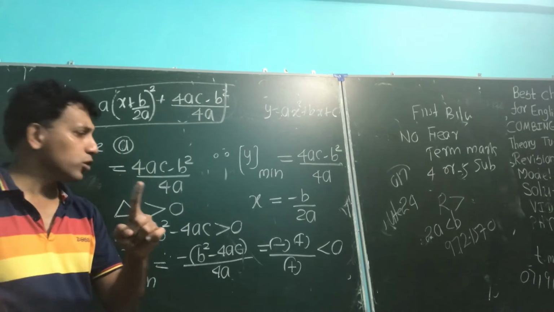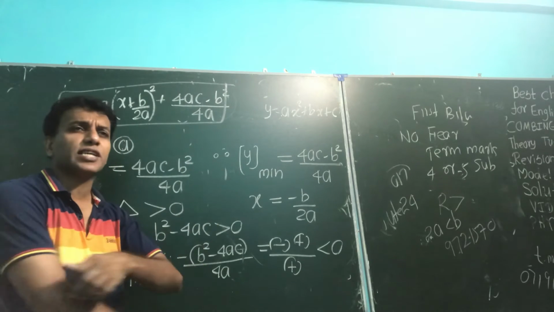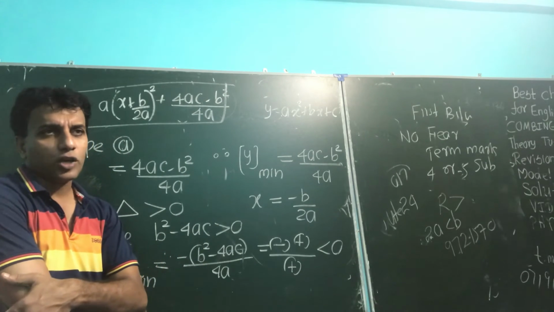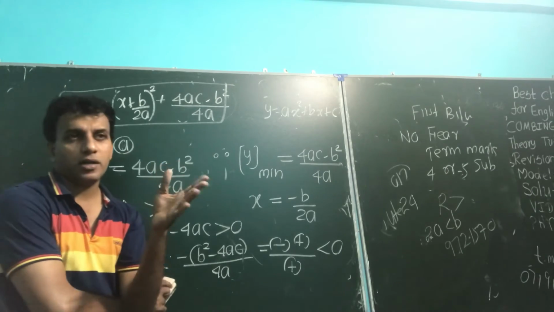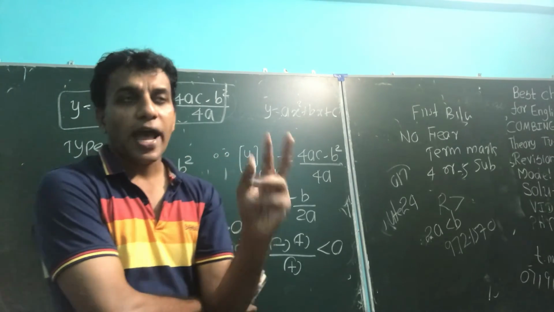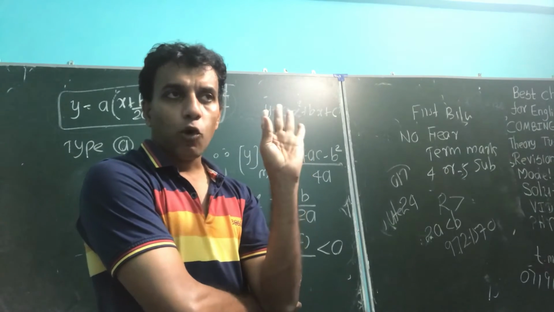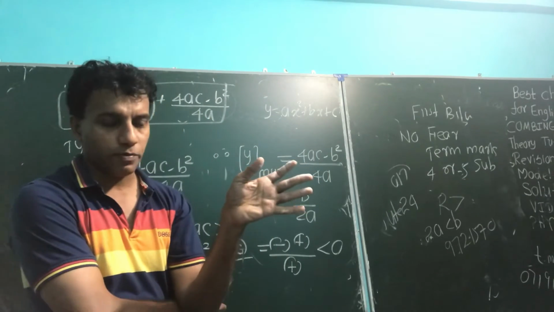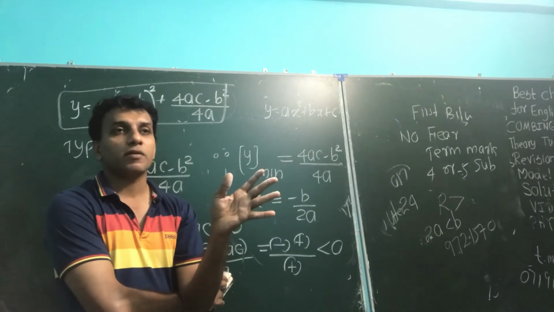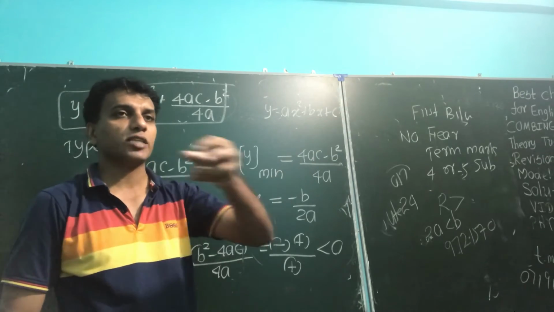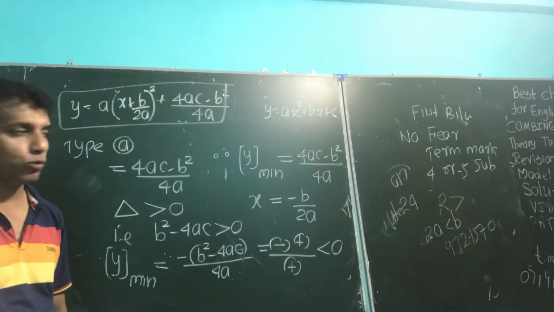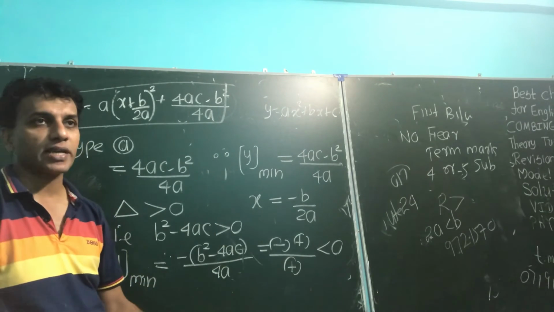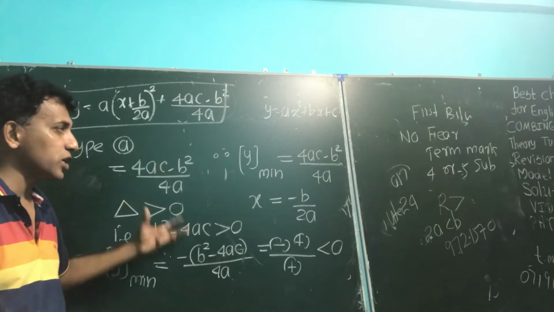So why I said that, delta greater than 0? We learned in quadratic equations, delta greater than 0 means the quadratic equation has 2 answers. Both answers are real solutions. Also they are distinct. For example, x is 5, x is minus 2. Like that, 2 solutions there, delta positive. You can verify that once again using this quadratic function knowledge.